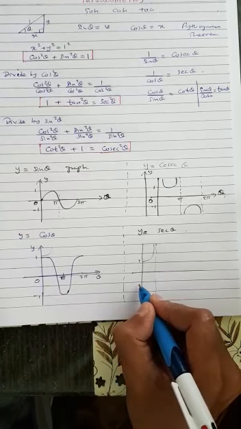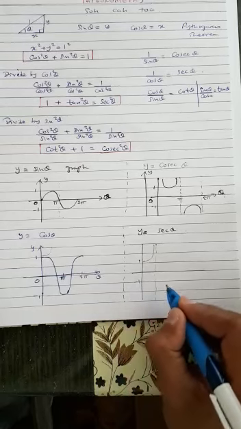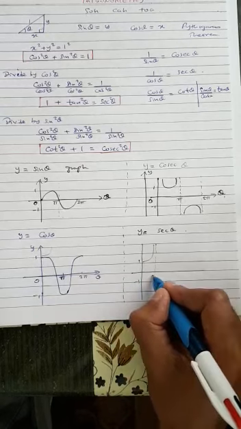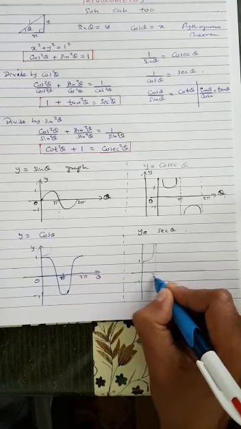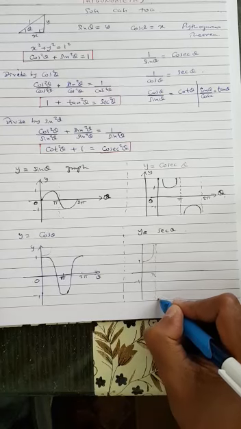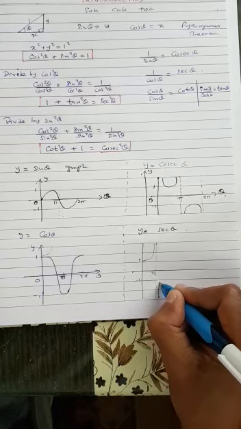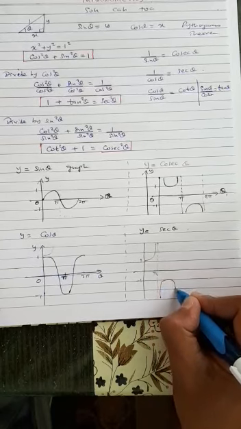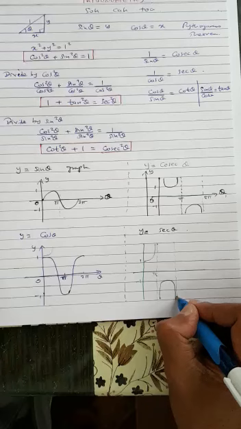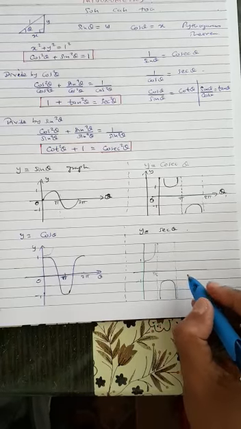So at minus 1, your graph will look something like this. This is basically 90 degrees, pi per 2. And then you're going to get an asymptote here, and this is 270.